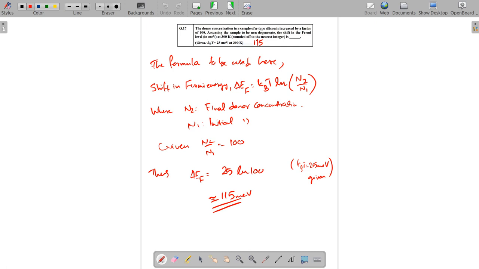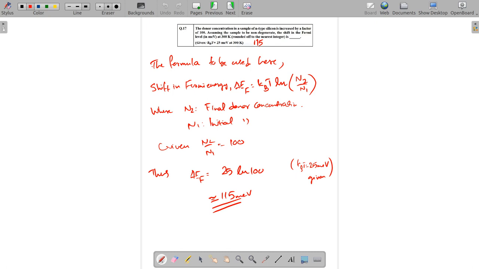The formula is given by delta E equals kBT times log of N2 by N1, where N2 is the final donor concentration and N1 is the initial. If you increase the donor concentration, N2 by N1 will be higher and you will get an increased delta EF, or the other way around.